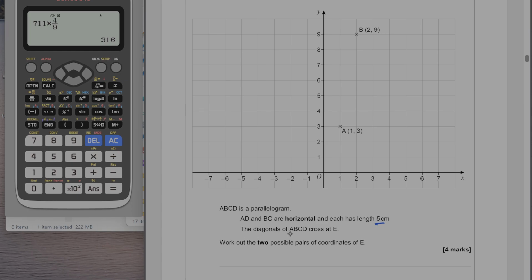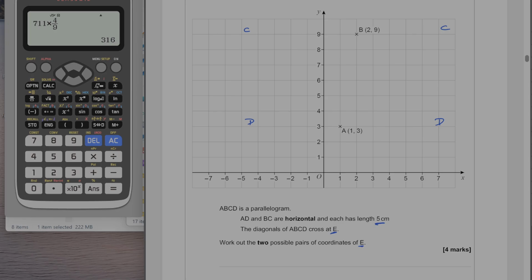The diagonals AC and BD cross at E. Work out 2 possible pairs of coordinates for E. Okay, so D could be over here or over here, and then C could be over here or over here, roughly. And then the horizontals are going to be the midpoints.